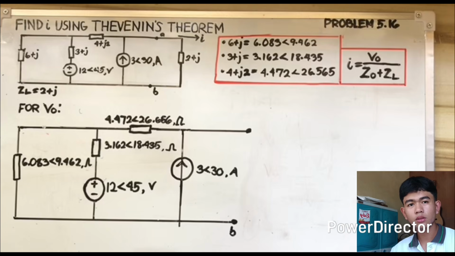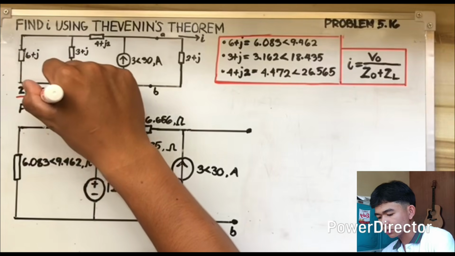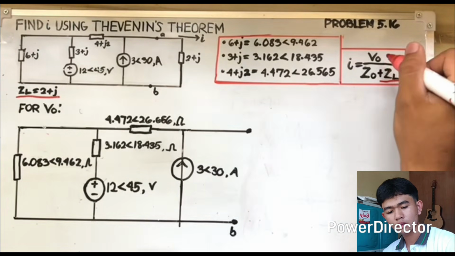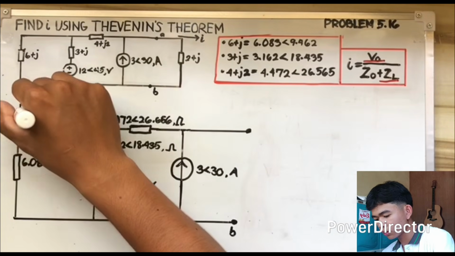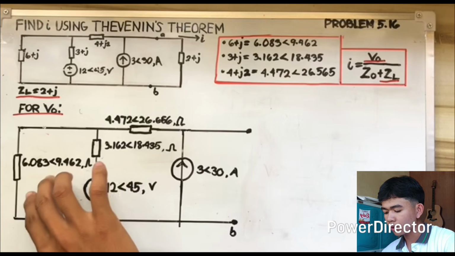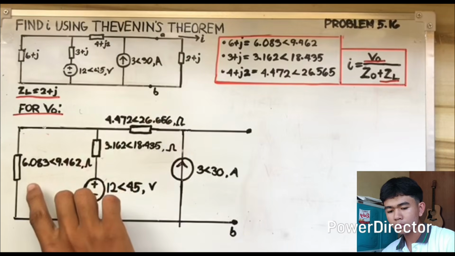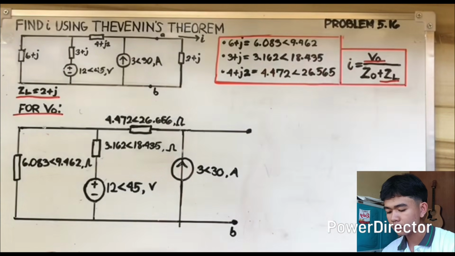The first thing we will do is get the V sub O because we already have the value of ZL. For V sub O, I redraw the diagram and change the given into polar form to make it easier to understand.